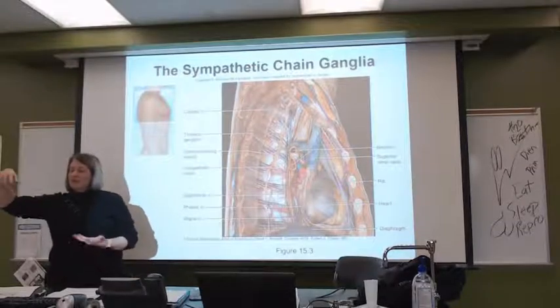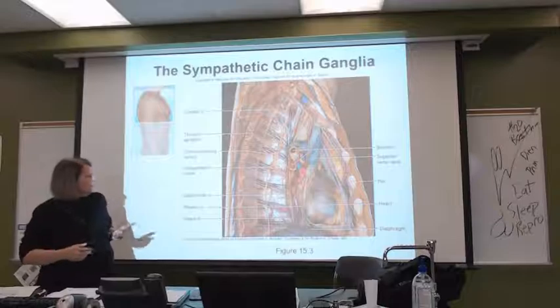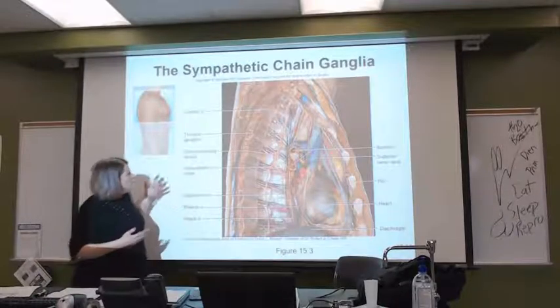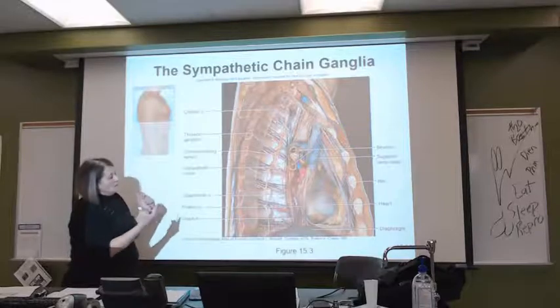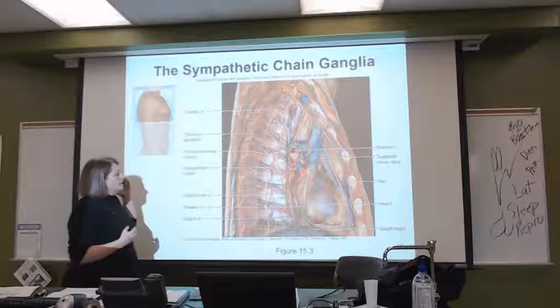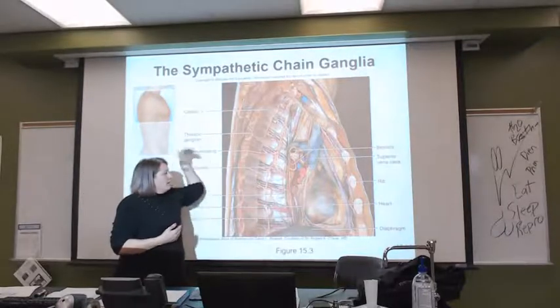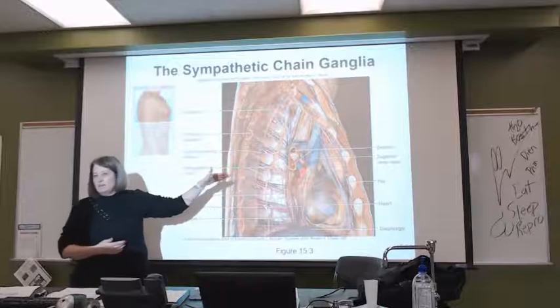So it gives us an idea of the exit, because remember, one of the things they've got to do, they need that area of the spinal nerve coming through that vertebra, okay? We need to have a route to get to the chain.